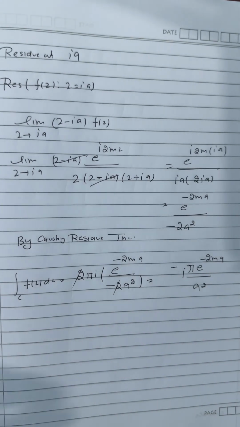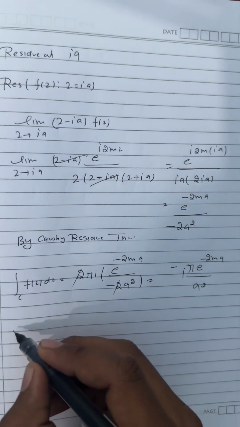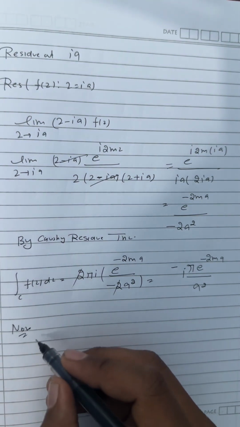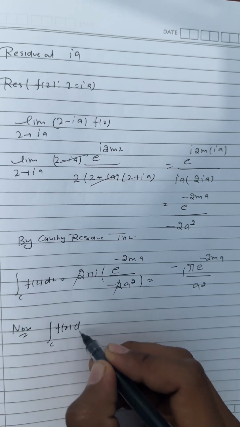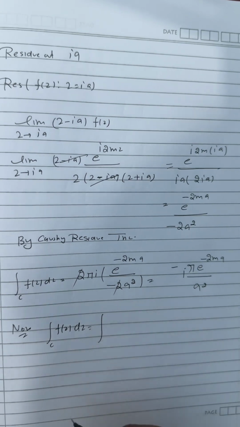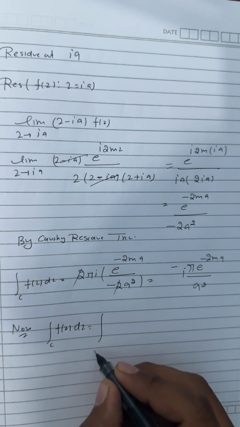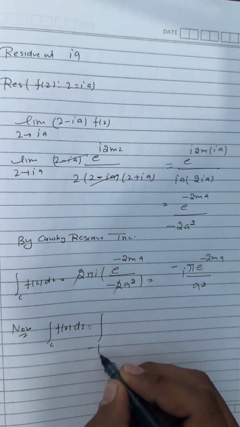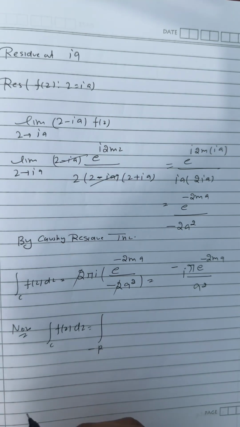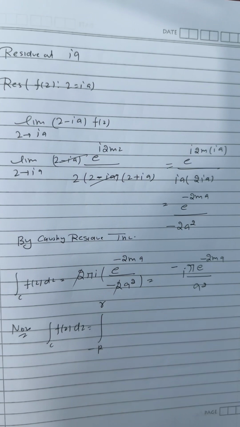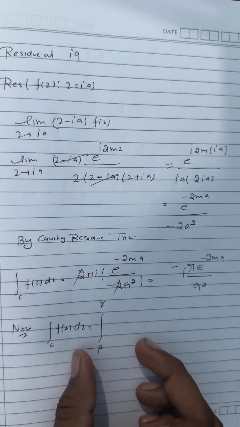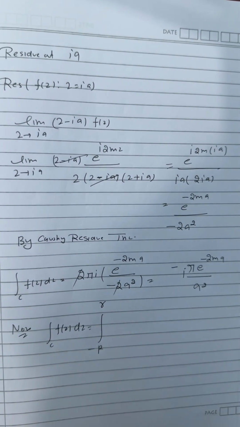Okay, this is our integral. Now just look at this complex integral. This is nothing but the integral of our function from minus r to positive r, along the contour.